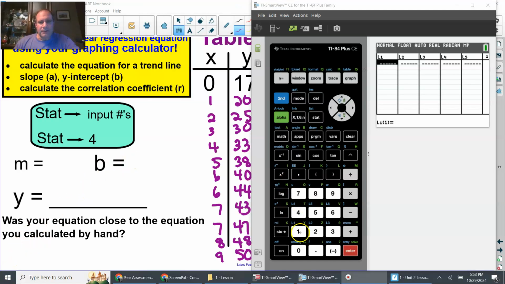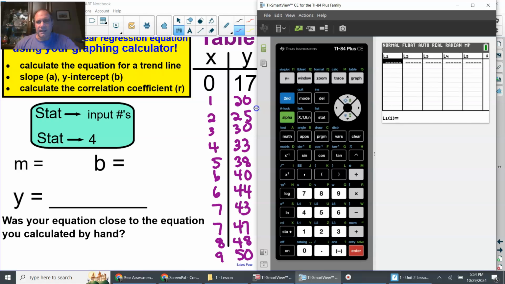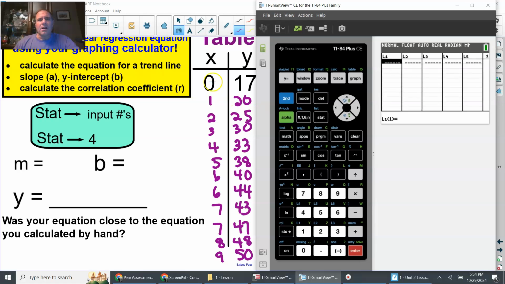Just as a reminder, you put in all of the X values. If you make a mistake, just start over, clear the list, or delete just that number. Remember, you start with 0 here, and then go to 1, 2, 3, 4, enter, 5.